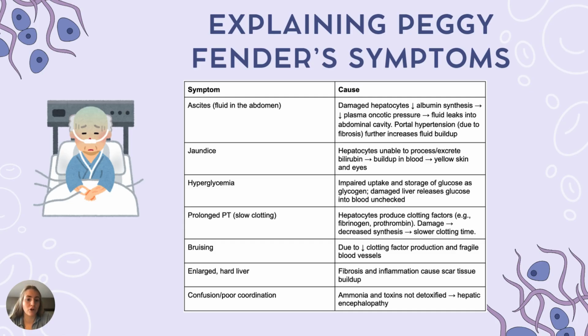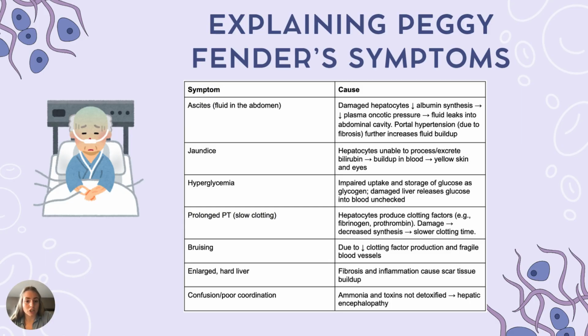Next is her prolonged PT, or the slow clotting. Hepatocytes produce clotting factors, prothrombin, fibrinogen, and the damage to the liver causes decreased synthesis of those clotting factors. So that leads to a slower clotting time. This also has to do with bruising, because due to the decrease of clotting factors, the blood vessels are more fragile, which leads to greater bruises.